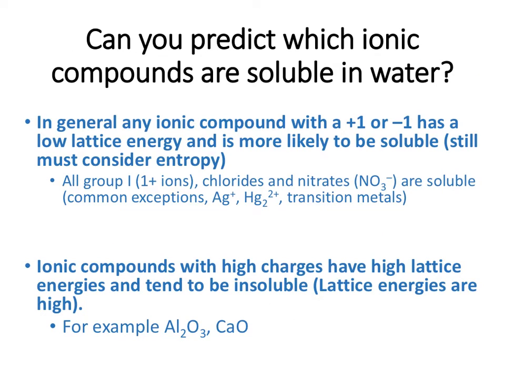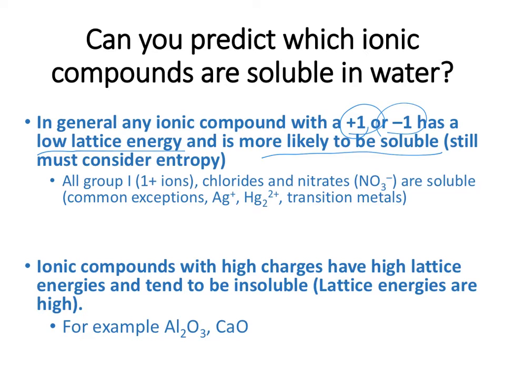So just to conclude what I just said, in general, if the cation and anion only have a +1 or -1 charge, there is a low lattice energy, low energy of attraction, and it's more likely to be soluble in water because it takes less energy to separate the ions.